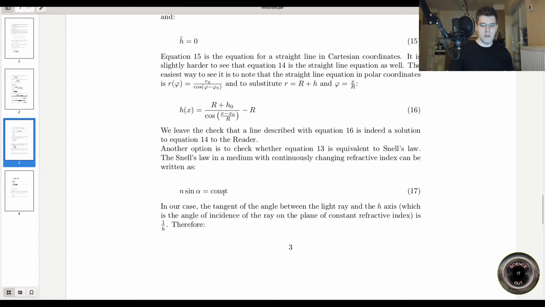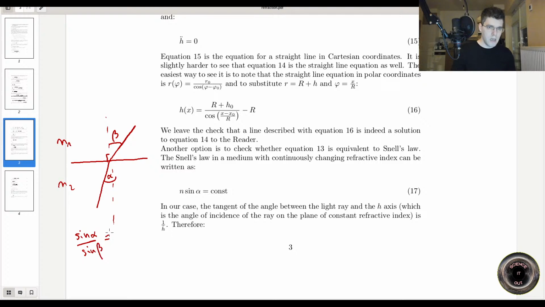The way Snell's law is usually written is that if we have a boundary, and here is n1 and here is n2, and we have a ray at an angle alpha here and at an angle beta here, Snell's law says that sine alpha over sine beta is equal to, so that I don't lie to you, n1 over n2.